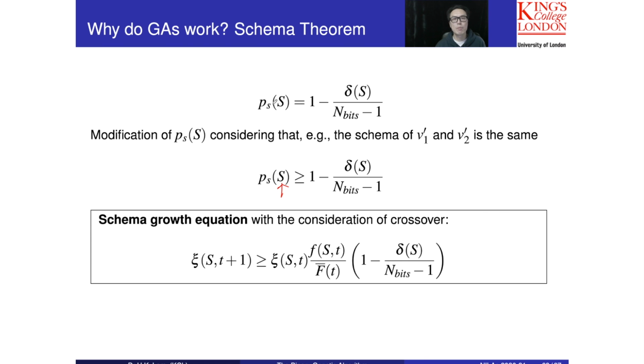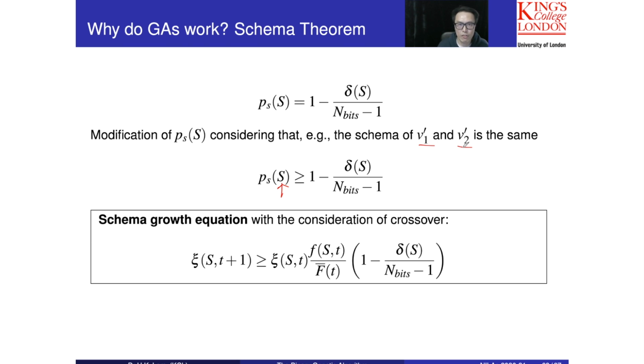Now, PS, that is 1 minus delta S divided by n bit minus 1, because we assume that V1 prime and V2 prime do not belong to the same schema, for simplicity. If we consider they could be the same, the process would be very complicated. So we make an assumption that V1 prime and V2 prime are not the same schema.